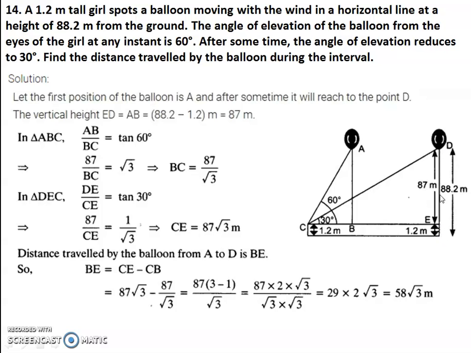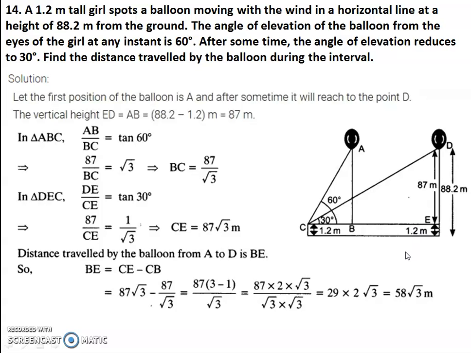So, what is the height from the horizon? It is 87 meter. Why? Because 1.2 is the height of the girl. You are going to subtract 1.2 from 88.2 because the line of sight is only above 1.2 meter from the ground.